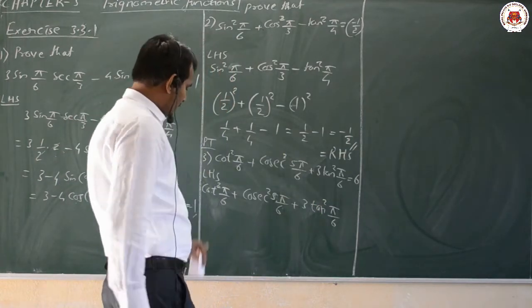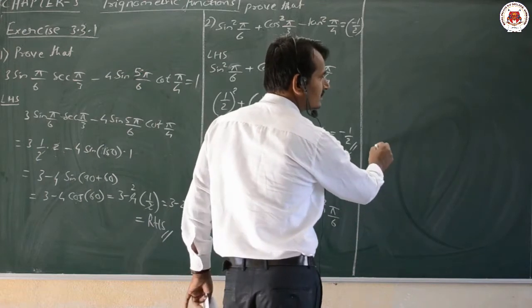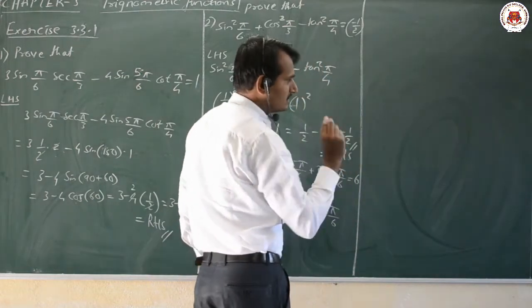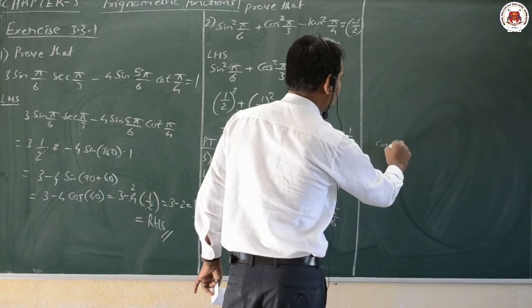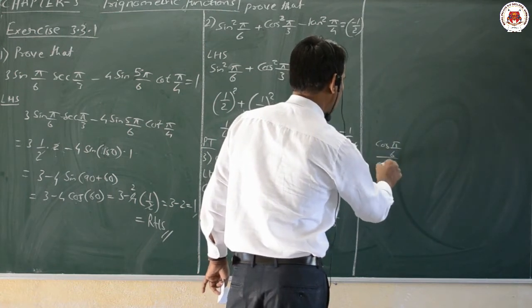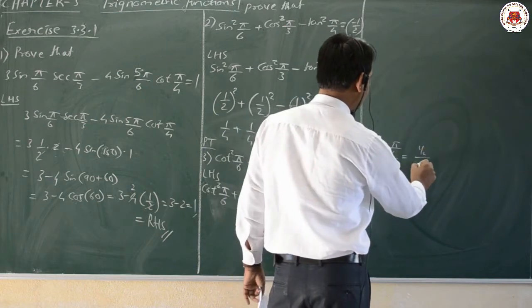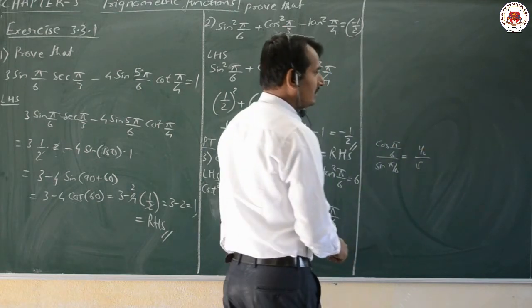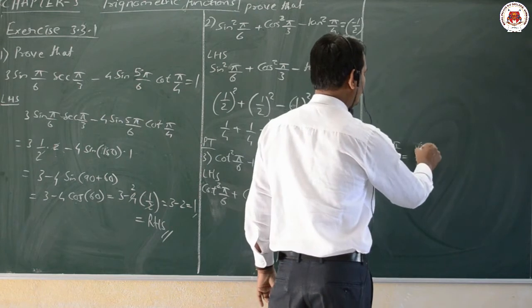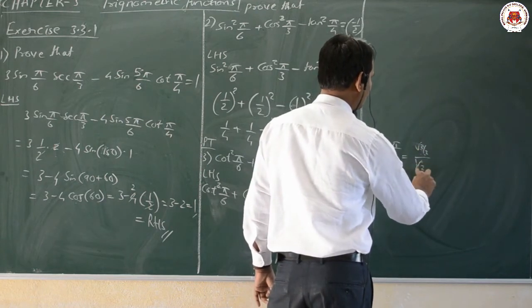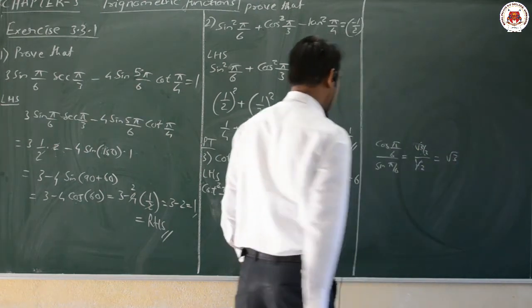How to find them? We know the value for sine as well as cos. Cot is cos pi by 6 over sine of pi by 6, that is root 3 by 2 over 1 by 2. That means we get the value as root 3.